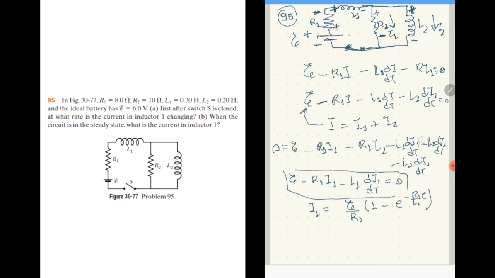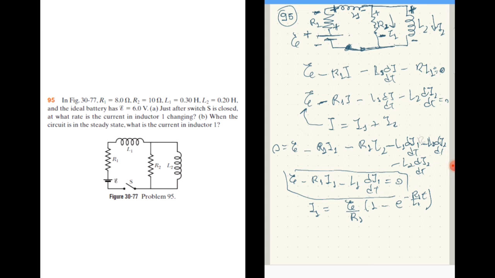And this is the current actually passing through the inductor 1, important to say, because the current passing through the inductor 2 is obviously different, at least for any time.